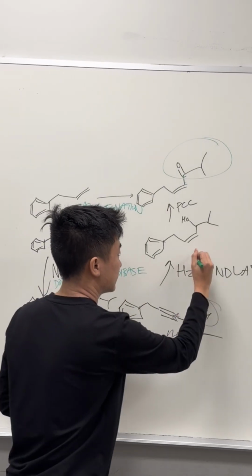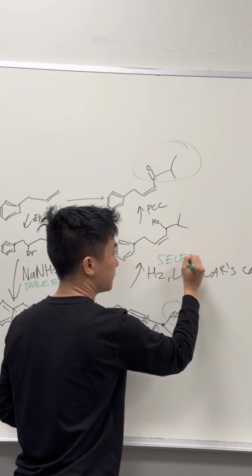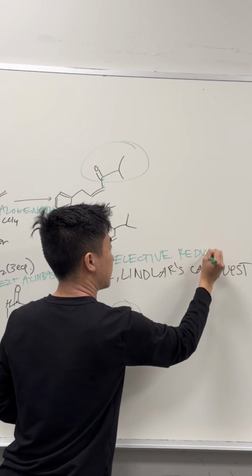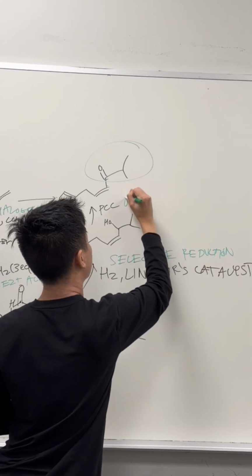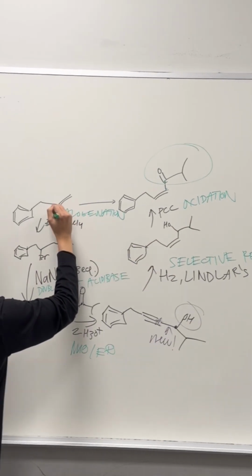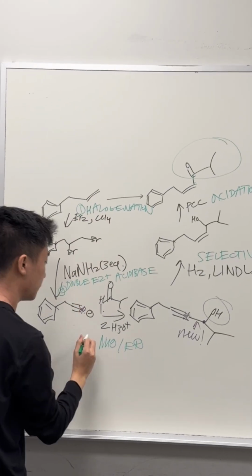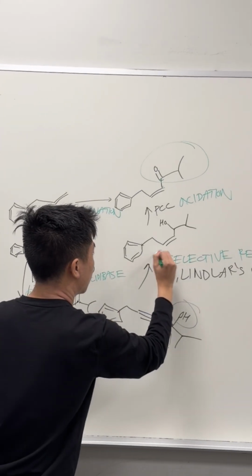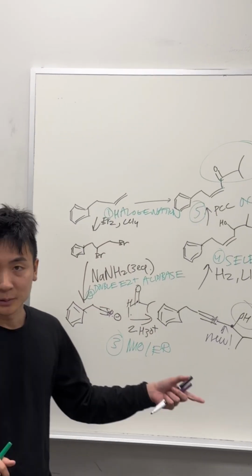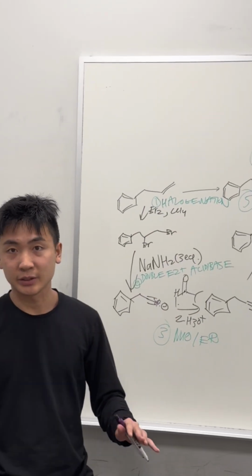And then we did selective reduction here, right? And then we did oxidation here, right? So this synthesis had 1, 2, 3, 4, 5 reactions, right? So I hope this helps, and let me know in the comments if you have any questions.